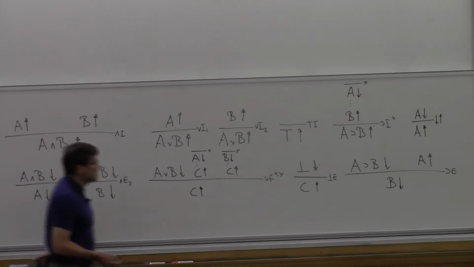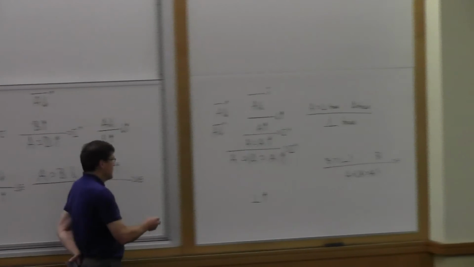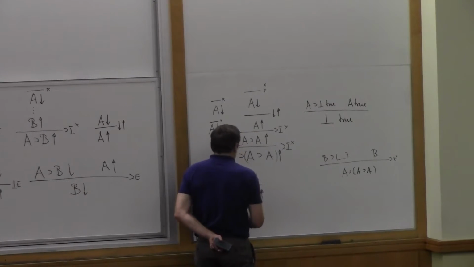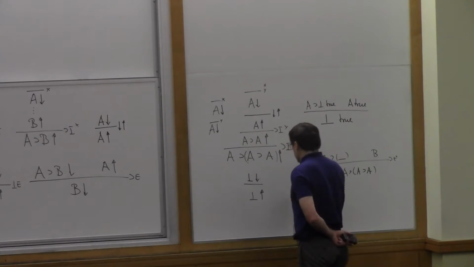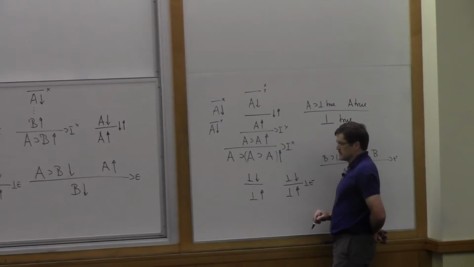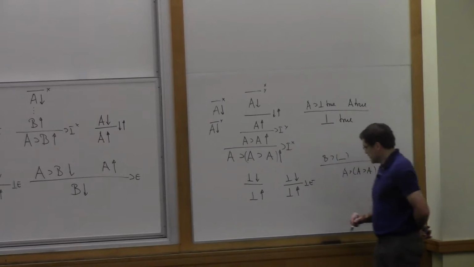Yeah, the only thing we can do is the up-down rule, right? That's our only possibility. Or we could have falsehood elimination. They look eerily similar.